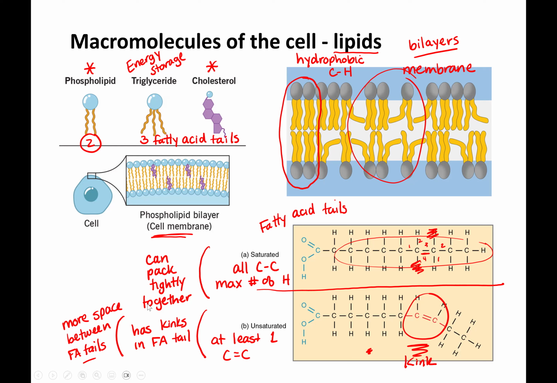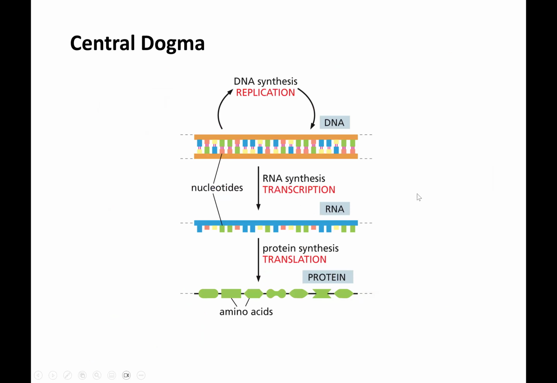All right, so that's carbohydrates and lipids. The other two macromolecules that we're really going to focus on are nucleic acids and especially proteins. A term I want you to make sure you understand is the central dogma, sometimes called the central dogma of gene expression. Gene expression for us is going to mean going from DNA to RNA to protein.